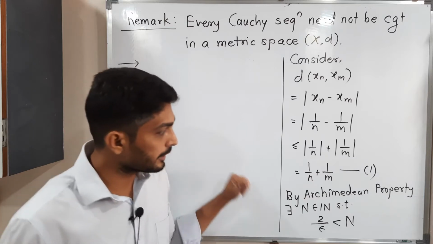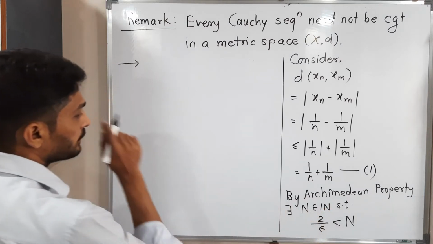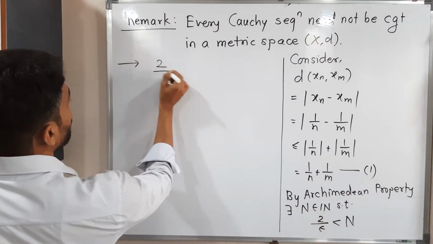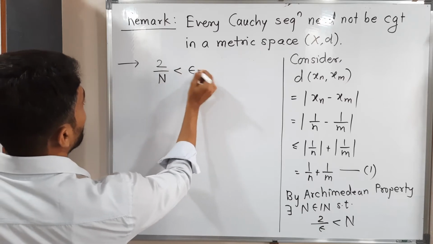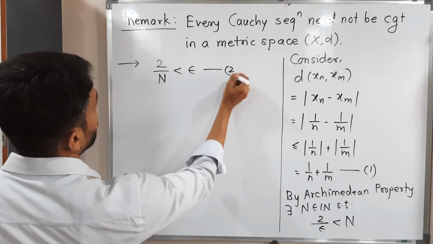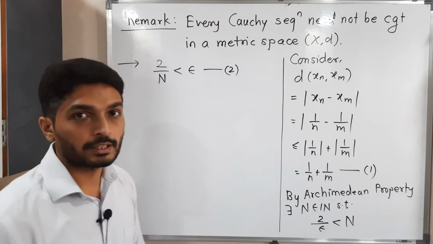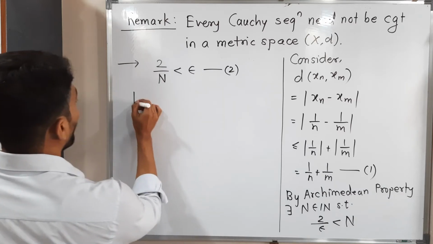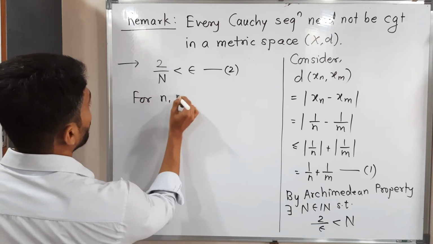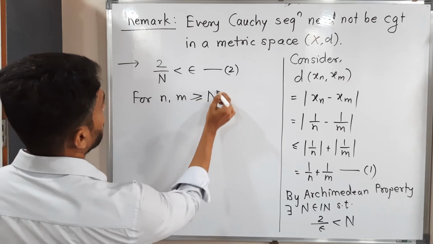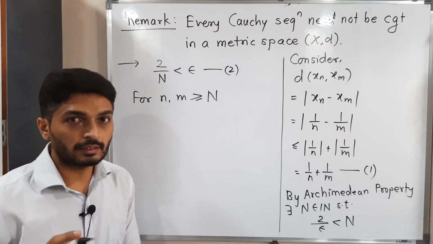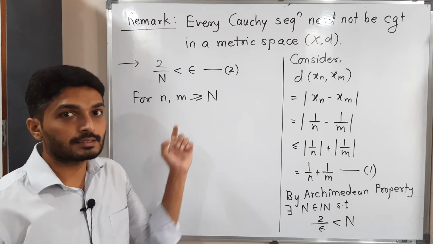Let us continue. I will shift N to this side, therefore 2 by N less than epsilon. This is also a very important inequality; I am calling it 2, for n, m greater than or equal to capital N. In the definition of a Cauchy sequence, we write this at the end.